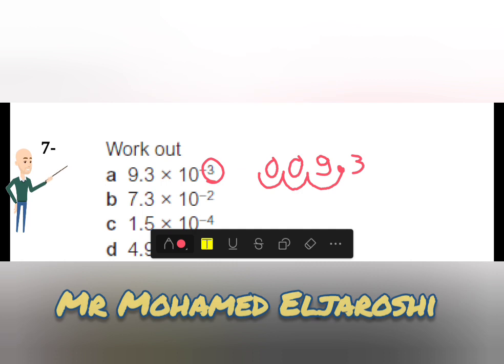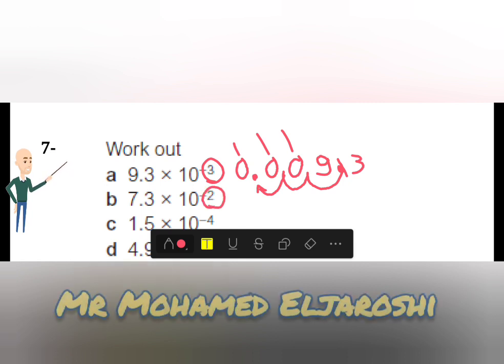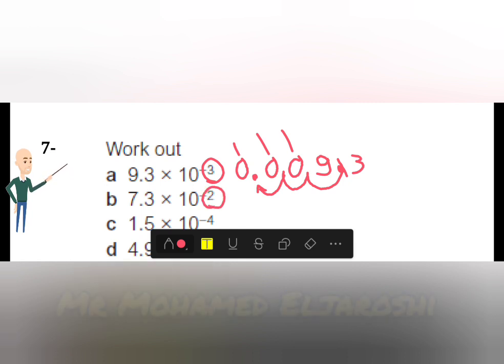And the answer will be like this with removing this decimal point, of course. So it's going to be 3 zeros, and 9, 3. So you can answer it this way, or you can say, oh, I have 2 zeros, so I'm going to put 0.0 and the number next to it.